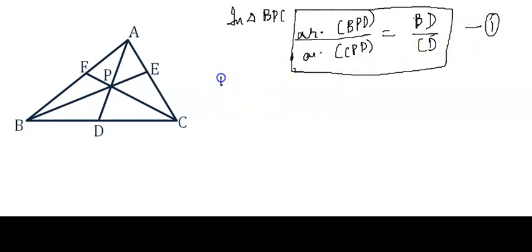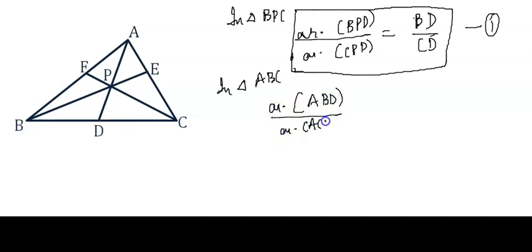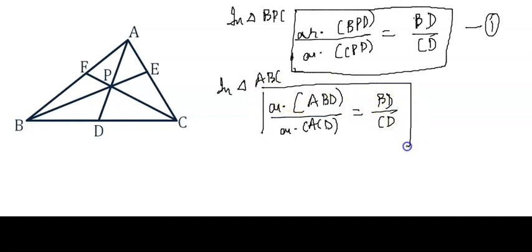In the same way, in triangle ABC, the area of ABD upon the area of ACD will be equal to the ratio of BD and CD again, because in this case also we get the same altitude. If the height is the same, then the ratio of areas is equal to the ratio of their bases.